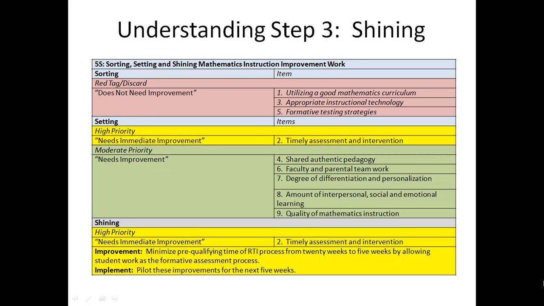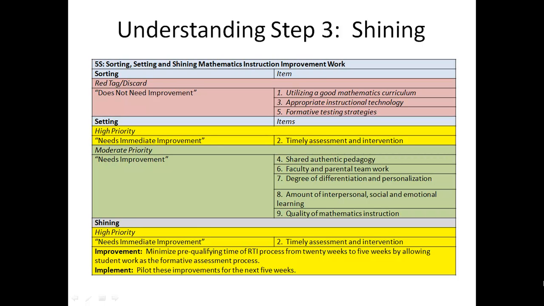The idea that there needs to be timely assessment and intervention in regard to mathematics instruction. And then we also had some items that didn't really need improvement. They were pretty much working fine, and then some that are also going to need some improvement. And so those are all sorted out and set out here.